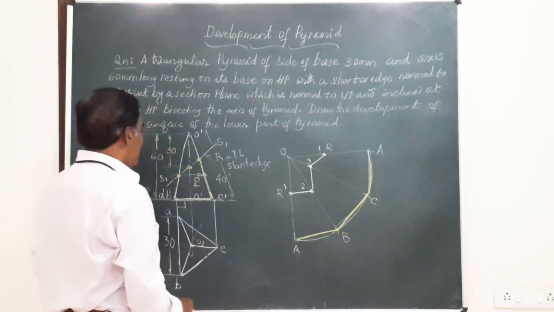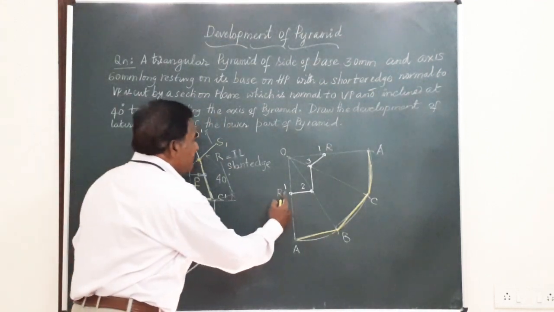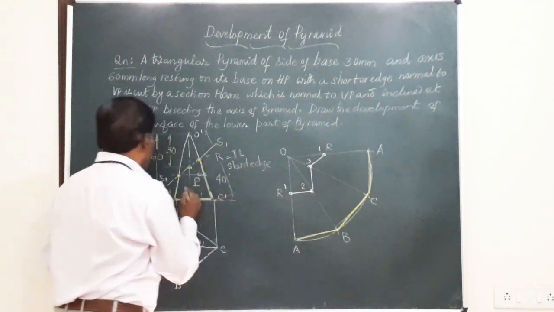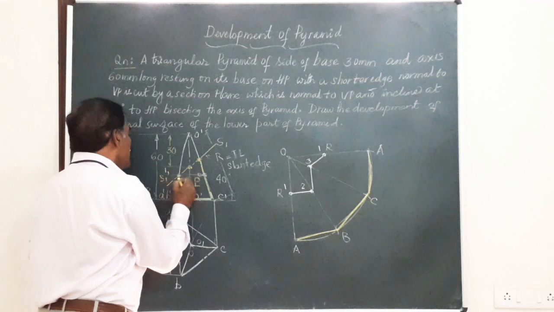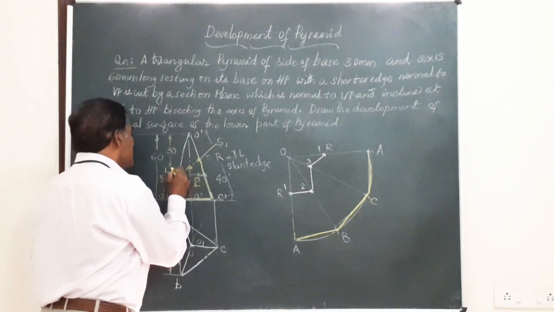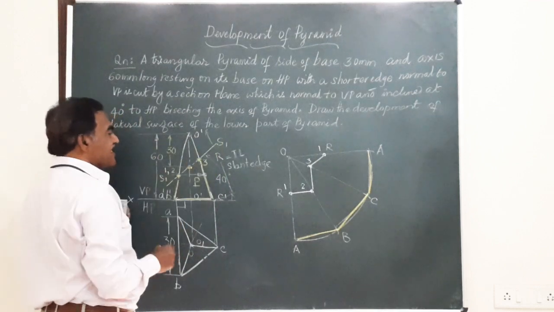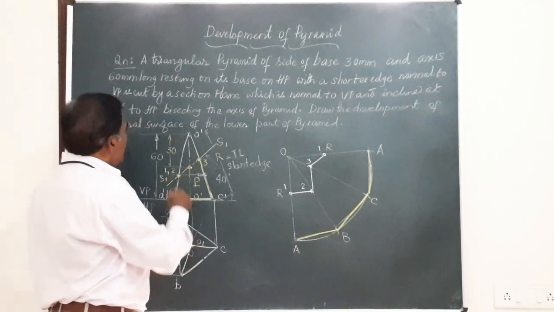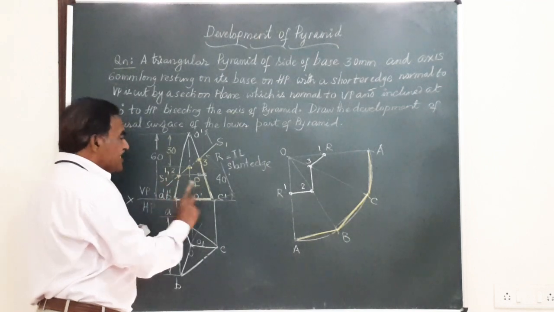Now, after this, see friends, on OA you have got point 1, on OB you have got point 2, 1 comma 2, and on OC you have got point 3, 1, 2, 3 are there. So here, the portion below 1 and portion below 2 is retained.